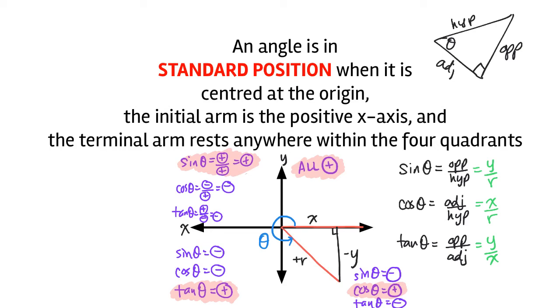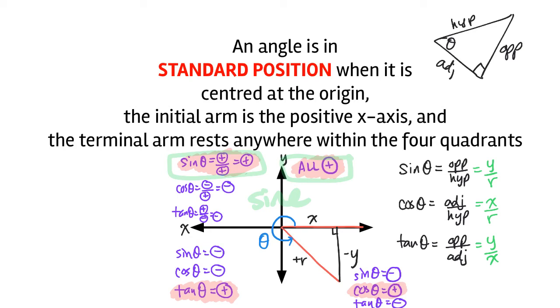Often people refer to this as the CAST rule to help us remember who's positive where, but I really like the way that Mr. Porto thinks about it, which is remembering just by the ratio. So for sine, everybody's positive here, right? Sine is positive there and at the top. So sine is positive all across the top, okay?